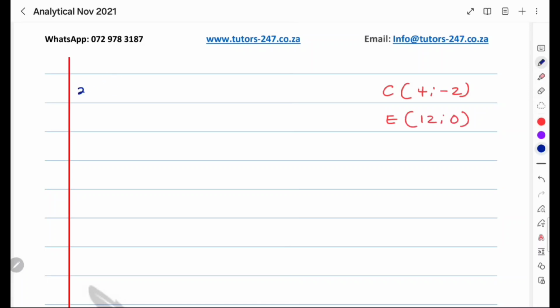Keep in mind, this is question 3.1.1. We need to calculate the gradient. So we are going to use our gradient formula, which is the change in y over the change in x. I'm going to make C my x1 and y1 coordinate, and E my x2 and y2 coordinate. From here we can substitute.